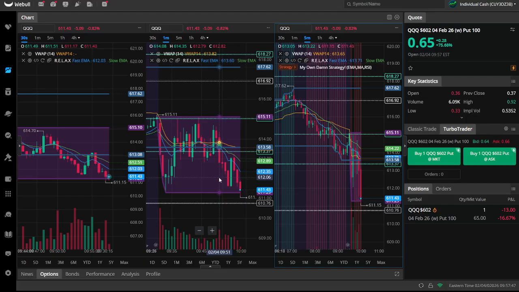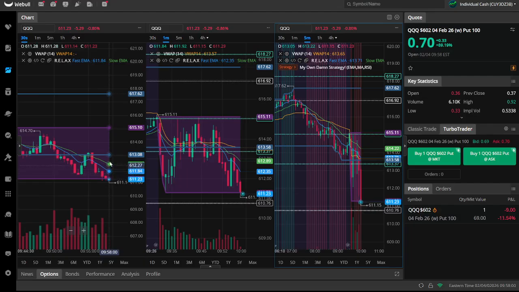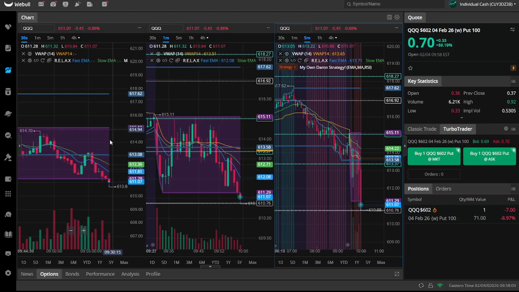At the moment, even the 30-second chart is showing me that the blue one, the EMA 9, is down below the 20 period EMA. Price is below both of them, and price is below the pre-market range, as well as it broke down below the opening range.